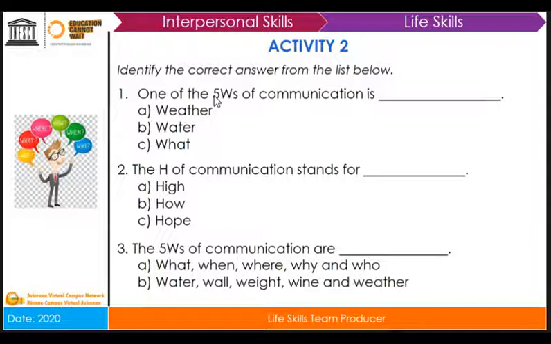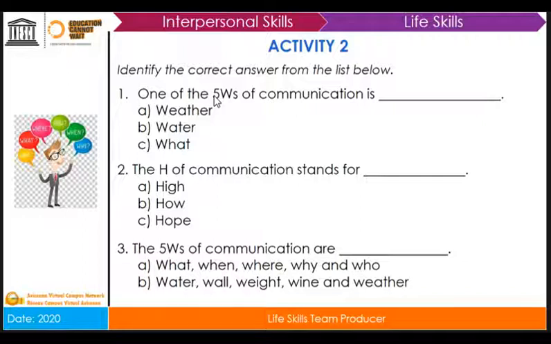Question 1. One of the 5 W's of communication is dash.